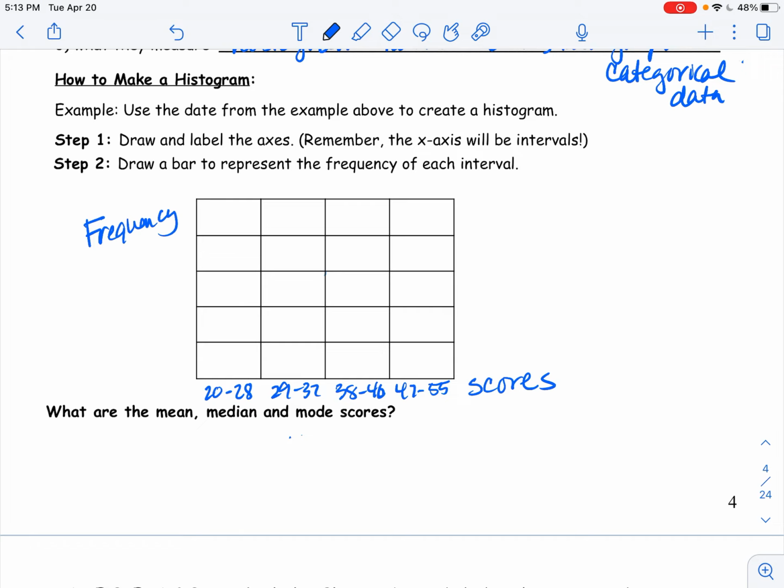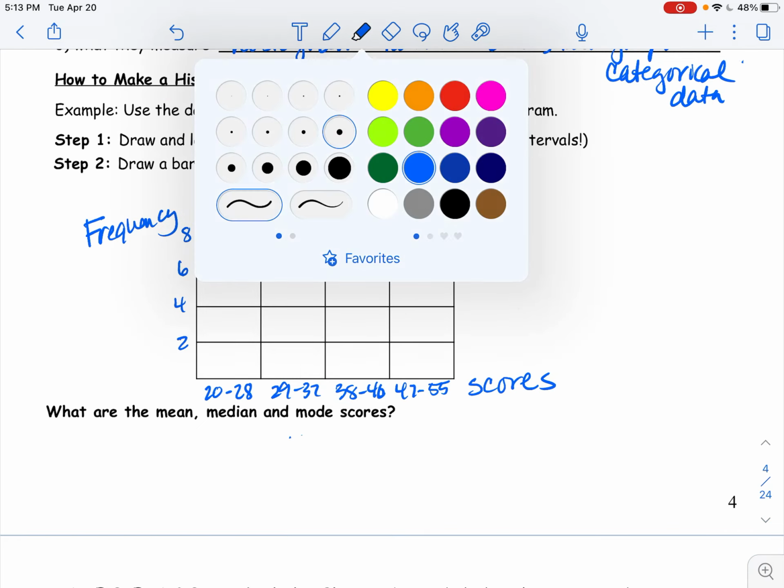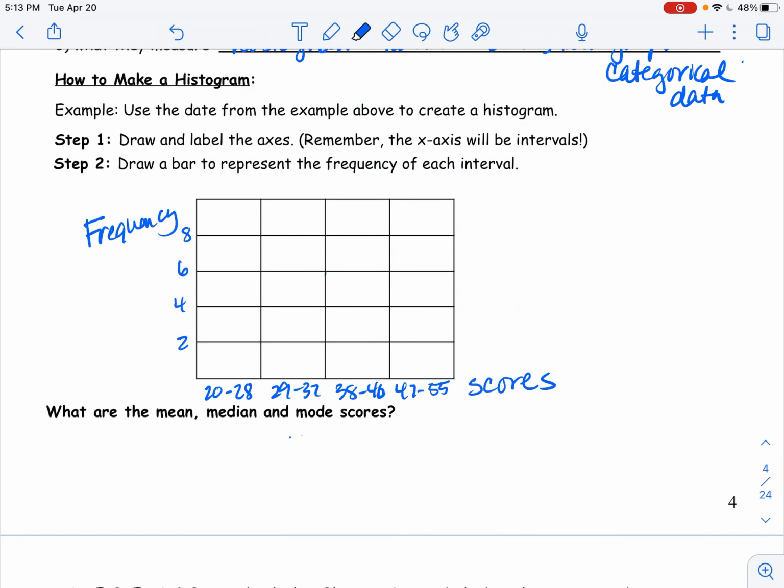Okay, and then we'll just draw a bar for the amount. And so let's see, I think it goes up to 6. 1, 2, 3, 4, 5. Nope, we're going to have to count by twos. 2, 4, 6. All right, and so we had 6 in that first interval from 20 to 28. So I'm going to mark it off right here.